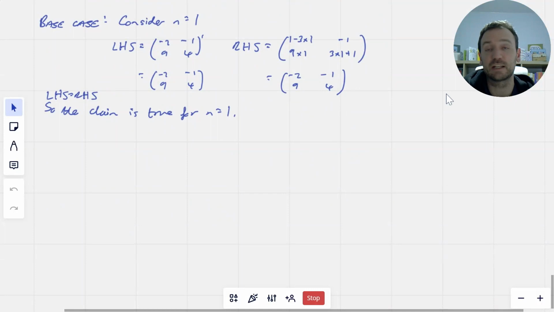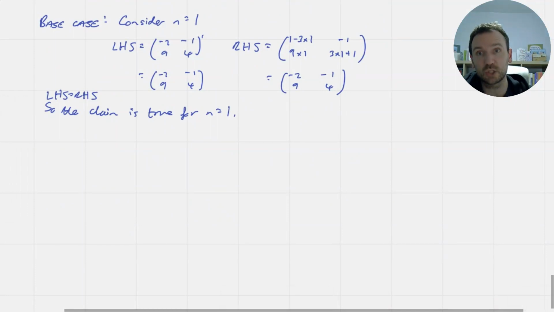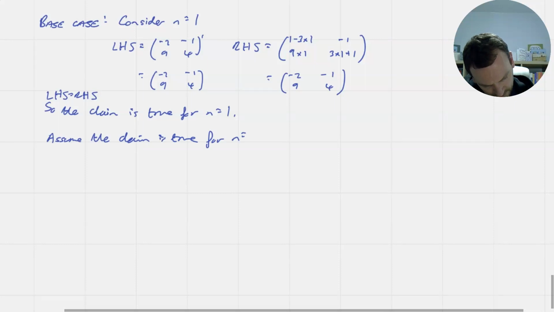What are we going to do next? We're going to make our usual assumption: we're going to assume the claim is true for n equals k. Be careful, as always, with your wording here. Don't write assume n equals k; we're assuming the claim is true for n equals k. And we should state what that means in this situation.